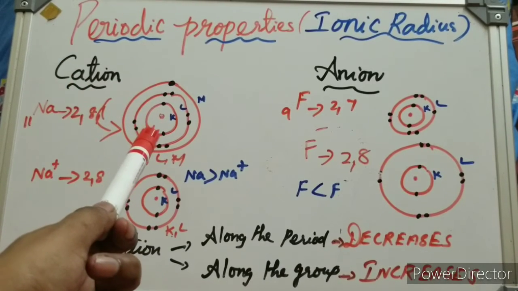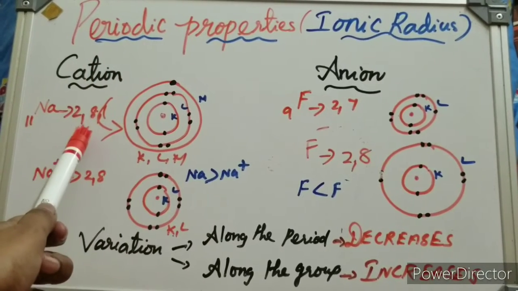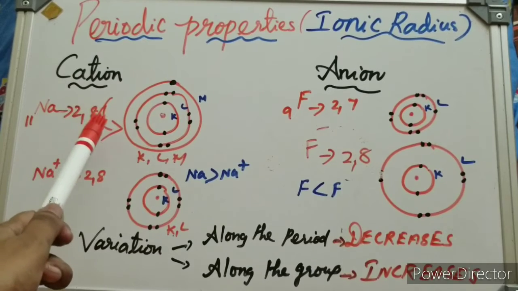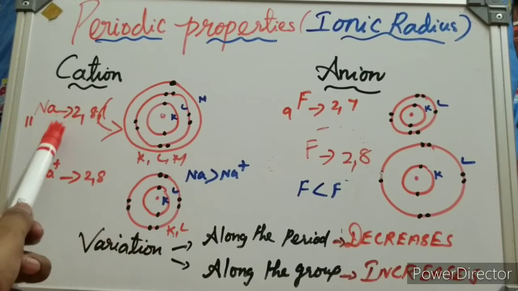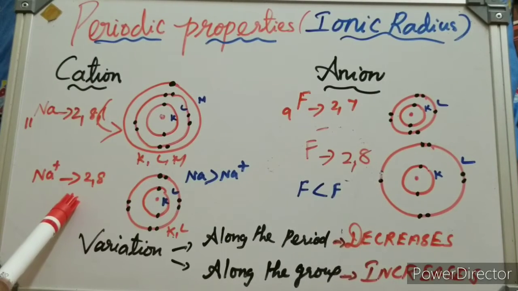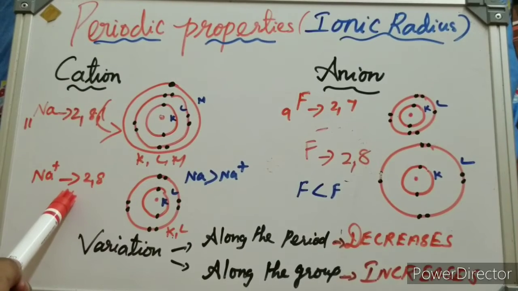To attain stability, it readily loses 1 electron from the valence shell, so sodium changes into a positive ion, the cation. Na is a neutral atom, Na plus is a positive ion, the cation.